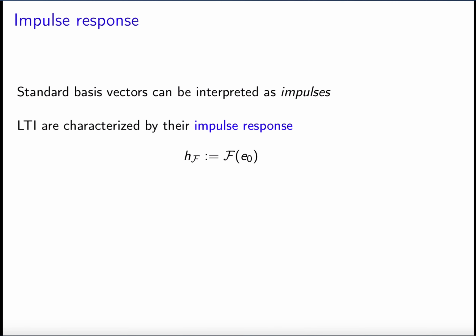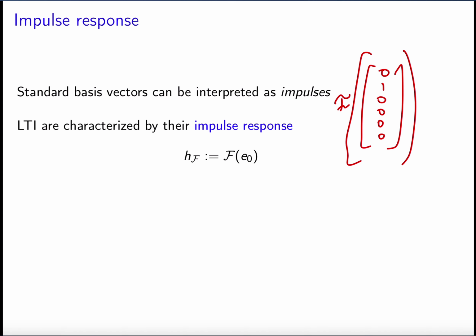Usually these standard basis vectors, like 0, 1, 0, 0, 0, 0, are called impulses in the signal processing literature. When we apply a function to them, the result is called an impulse response.